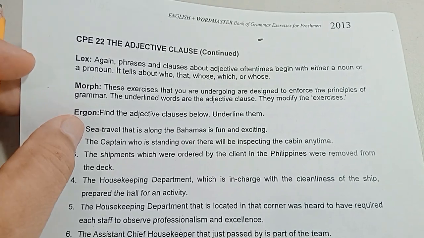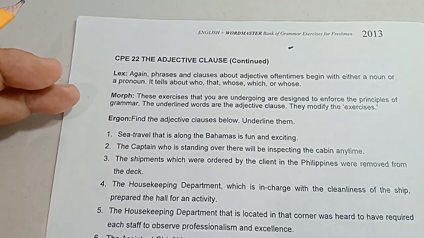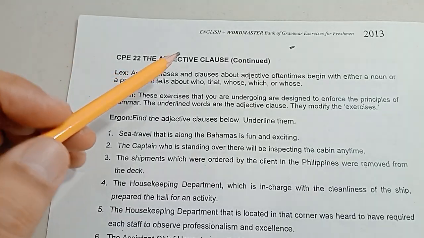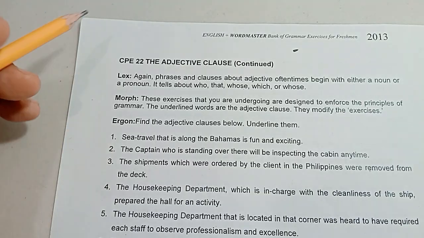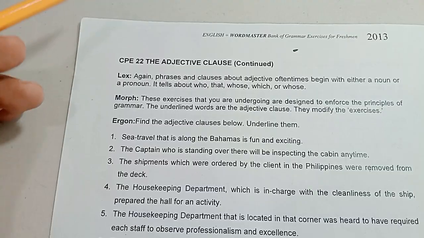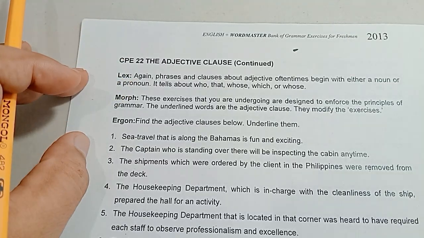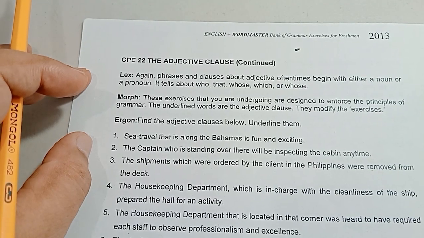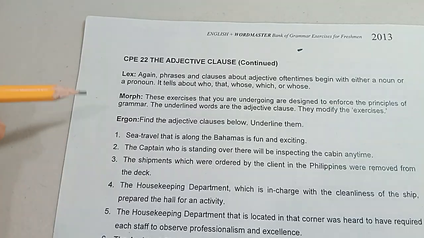It's again about phrases and clauses. An adjective clause oftentimes begins with either a noun or a pronoun. So it tells about who, that, whose, which, or whose. And these exercises that you are undergoing are designed to enforce or reinforce the principles of grammar.